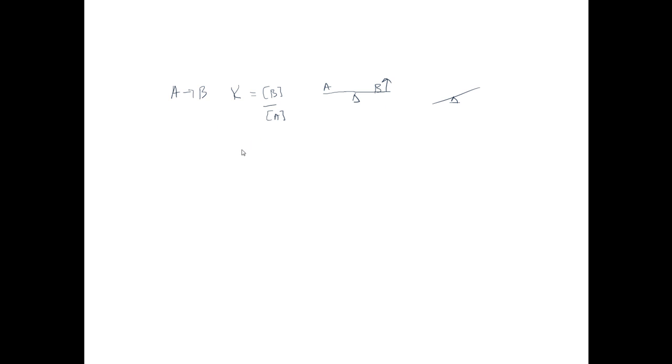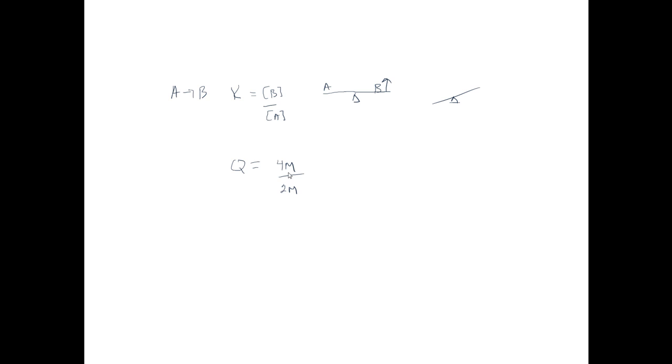It'd be kind of like, maybe here this is K equals, well, let's do this. Since we're out of equilibrium now, let's erase that and call it Q. So we have Q equals the concentration of B, let's say, is now 4 molar, and the concentration of A is, I don't know, 2 molar.